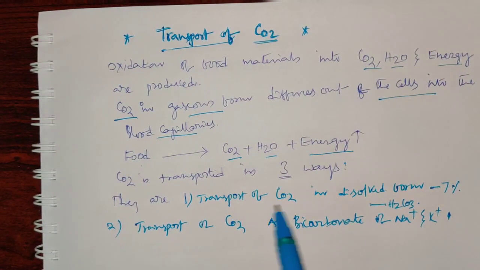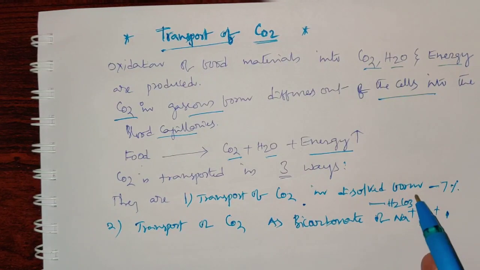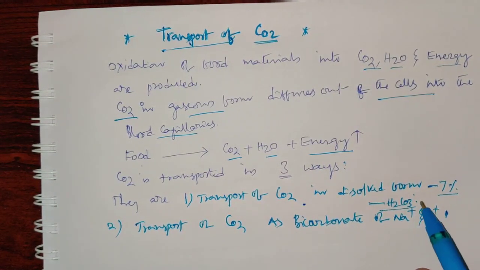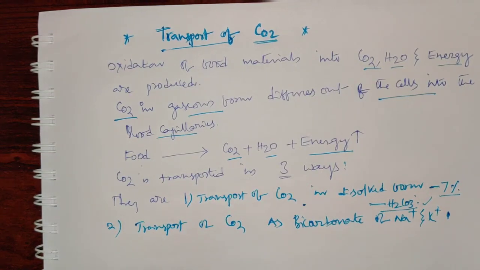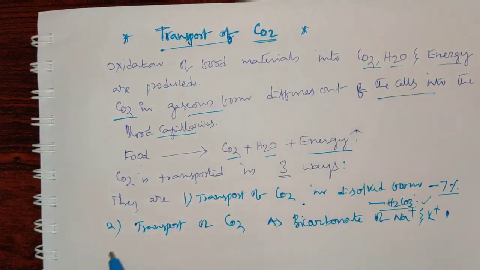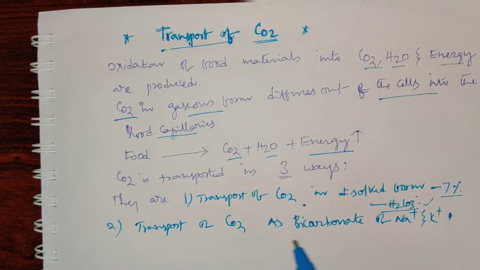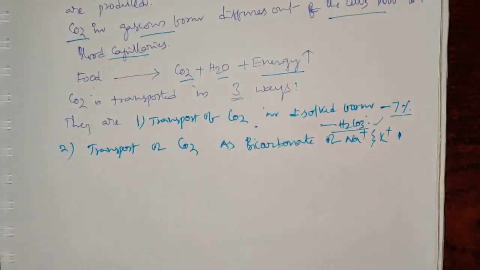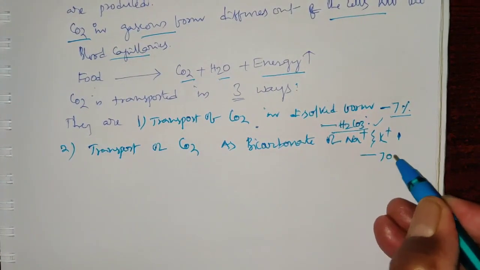So number one, the carbon dioxide diffusing out to the plasma in dissolved form is about 7%, in the form of carbonic acid. Secondly, the transport of carbon dioxide as a bicarbonate form of sodium and potassium is about 70%.